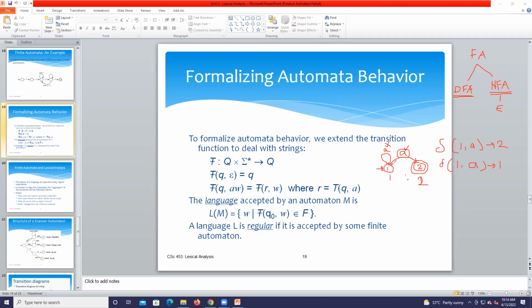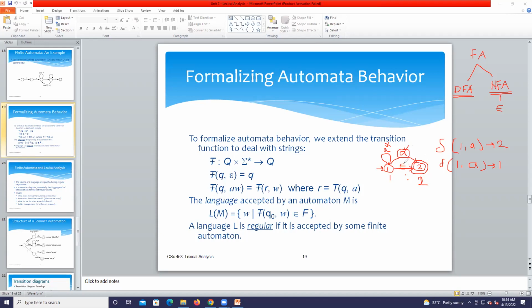So here, if I want to move from state number 1 to state number 2, I should use variable A as the input. Then only it is possible. But in NFA with null transition, there are some null moves. What is the meaning of null moves? That without any input also we may move from one state to another state.